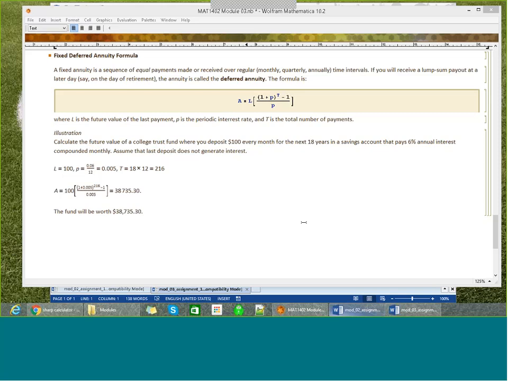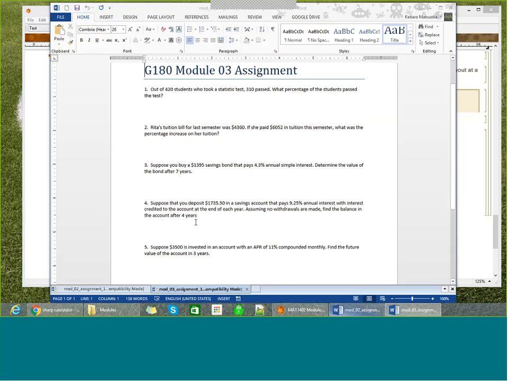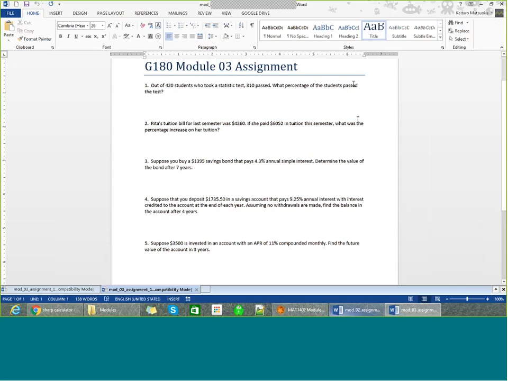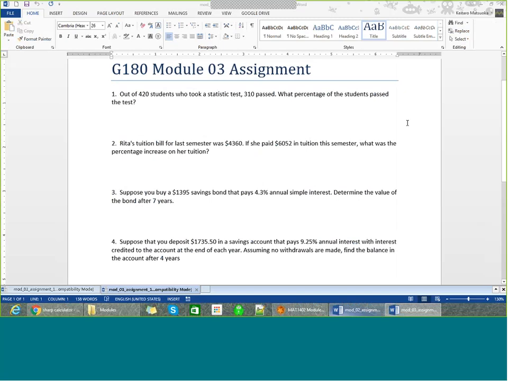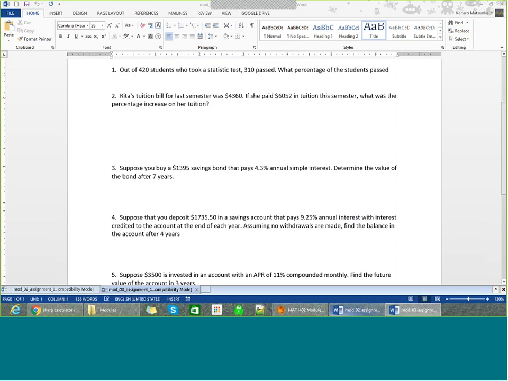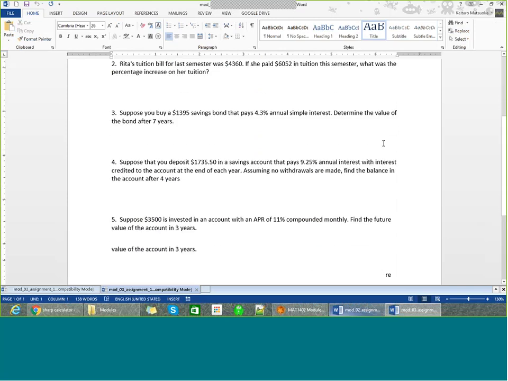Okay, so let me just make sure I covered everything. It says percentages. What was the percentage increase in the tuition? We did that. Simple interest, we did that.